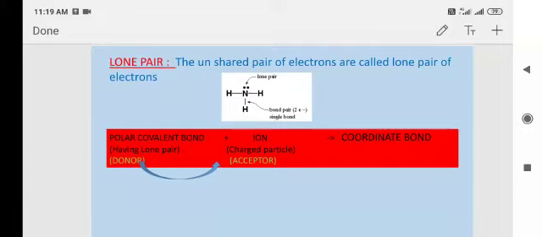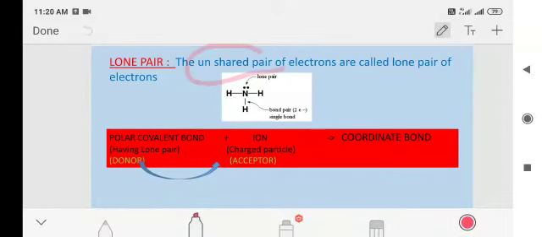First of all, let me tell you what is meant by a lone pair. The unshared pair of electrons is called a lone pair. In this structure of ammonia, you will find three lines, one here, another one here, another one here. These three lines represent three covalent bonds. So during the formation of an ammonia molecule, three covalent bonds are obtained and one pair of electrons is left out.